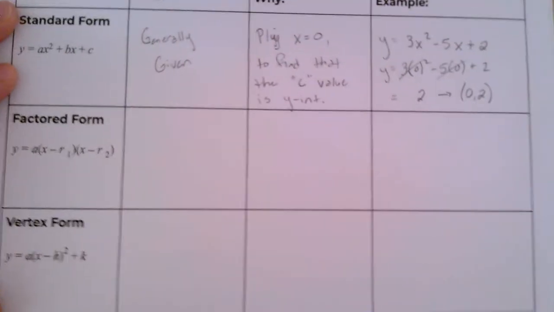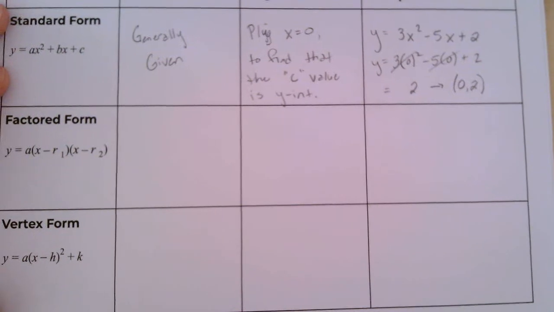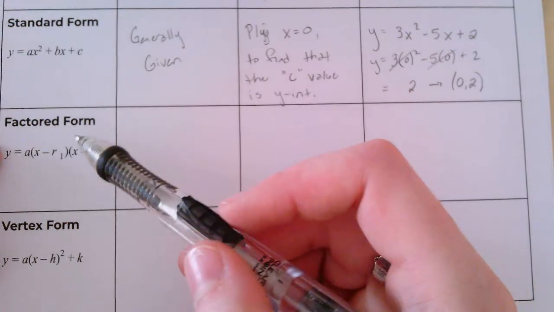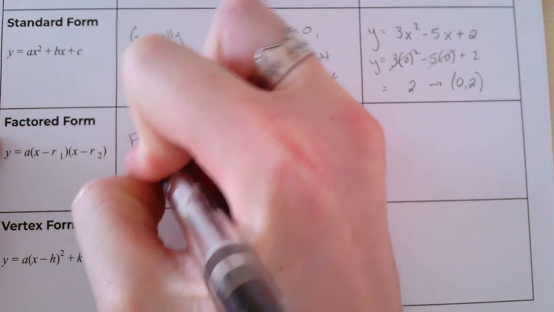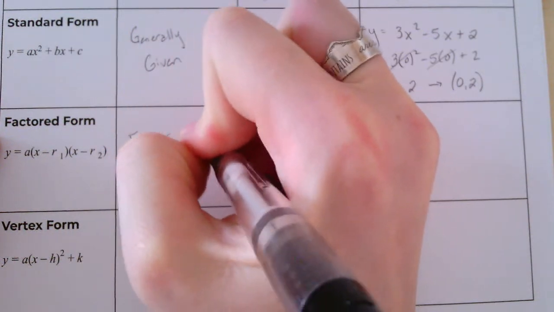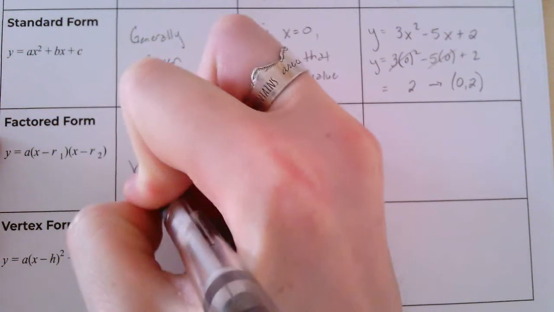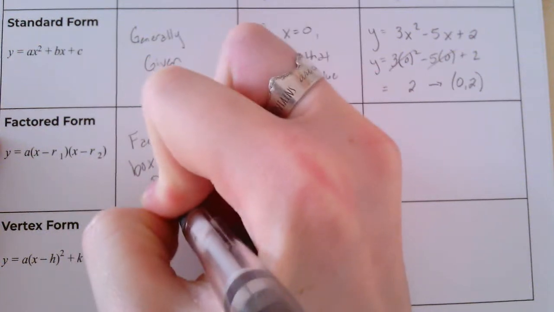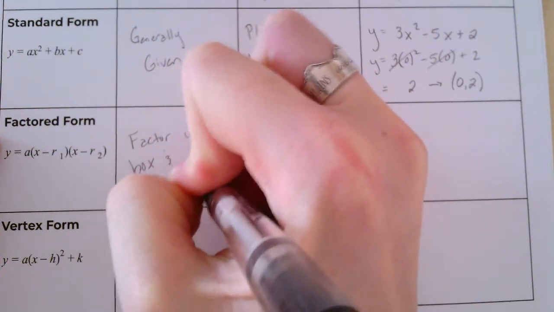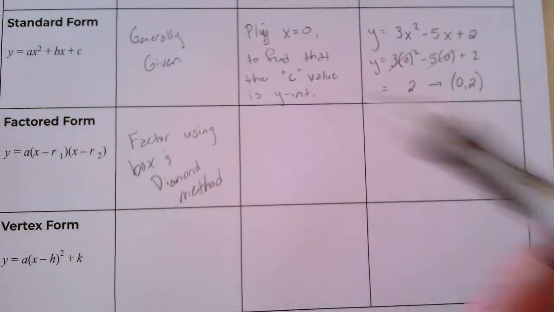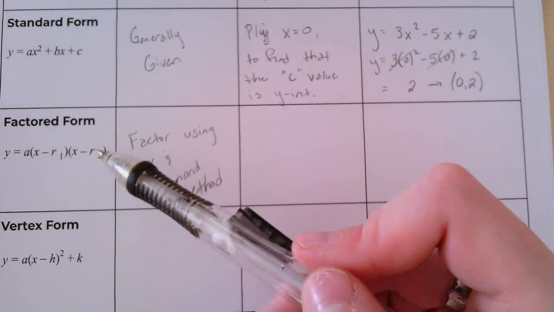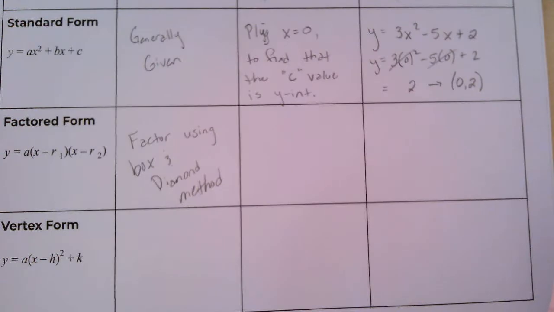Okay, so now let's talk about factored form. As the name implies, factored form is found by factoring. So you'd want to factor using your box and diamond method. And then you could put an equation from standard form into factored form using that method.